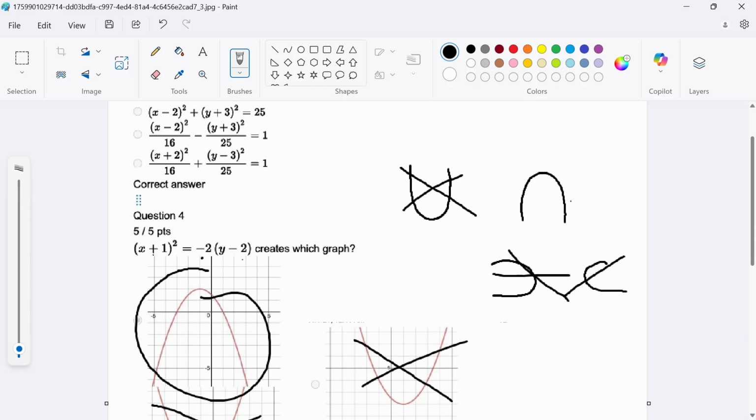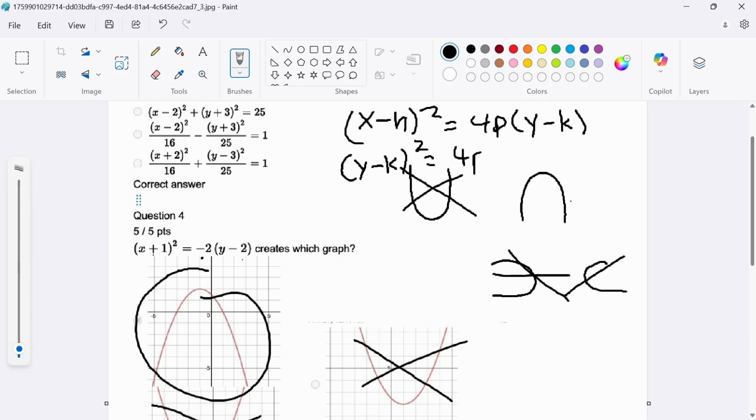So remember, the equation is x minus h squared equals 4p times y minus k. And then for the vertical one, it's y minus k squared equals 4p times x minus h.